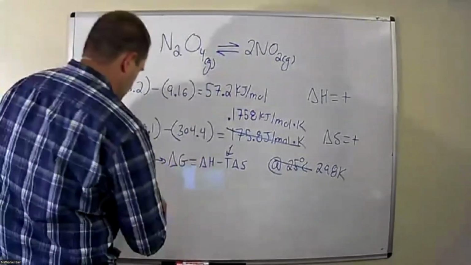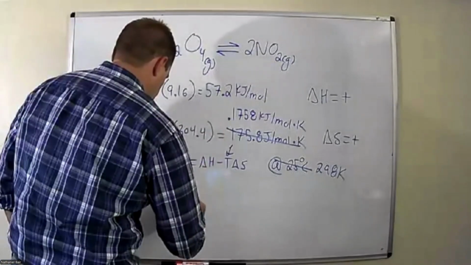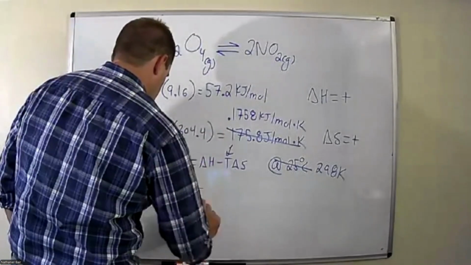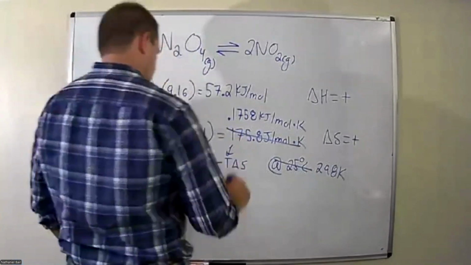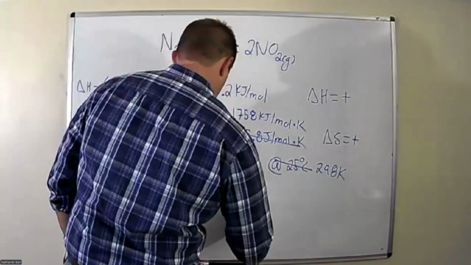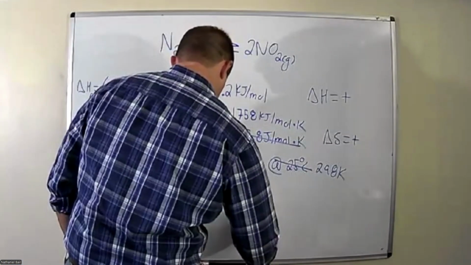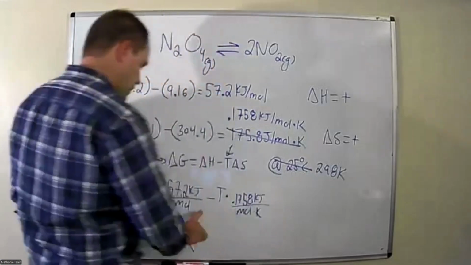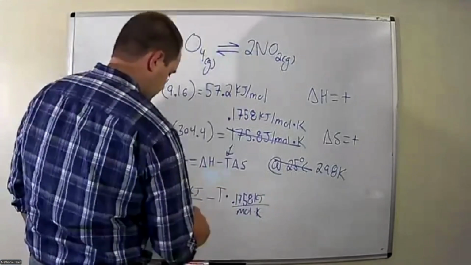So here we go. We're going to say 0 equals 57.2 kilojoules per mole minus T times 0.1758 kilojoules per mole times Kelvin. We're going to subtract 57.2 from both sides.